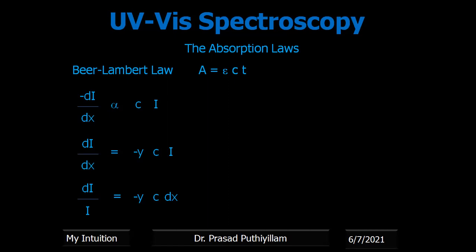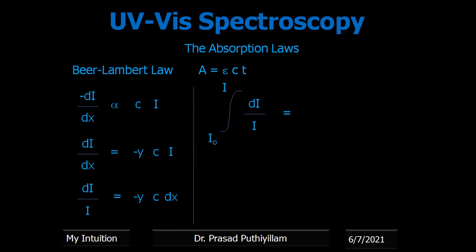Differentiation and integration have applications in many fields, such as science, chemistry as well as physics. Therefore, we are using the integration concept here. So the integration from I0 to I of dI by I will be equal to minus y. c is a constant, already a constant, so there is no need of integrating it.